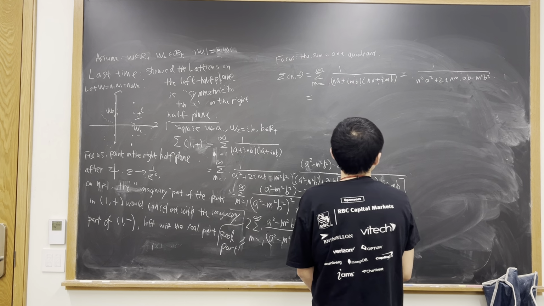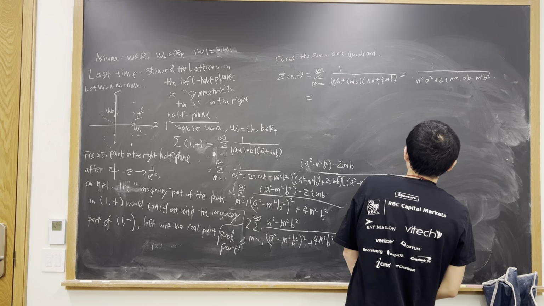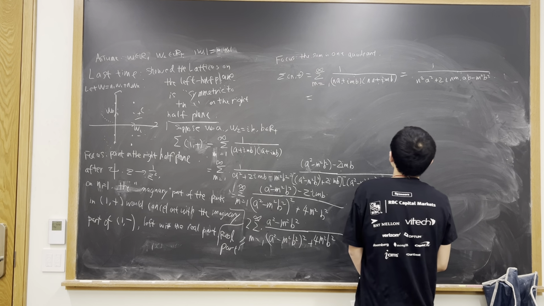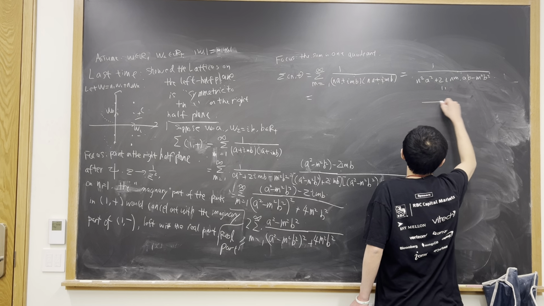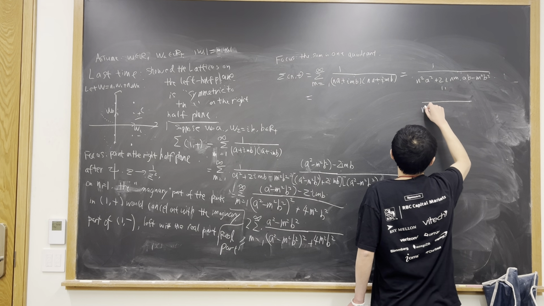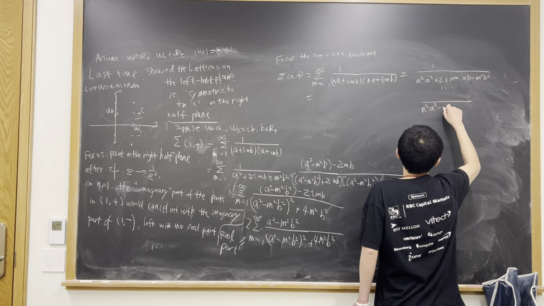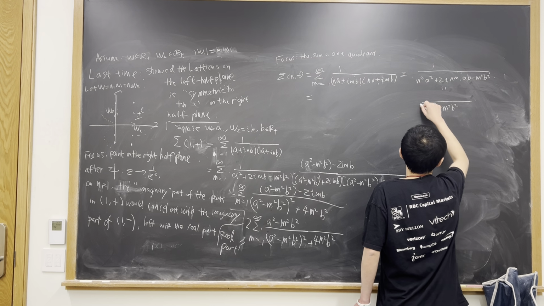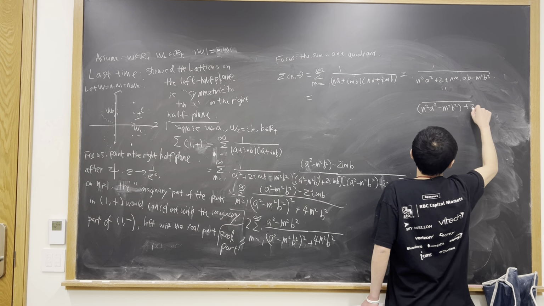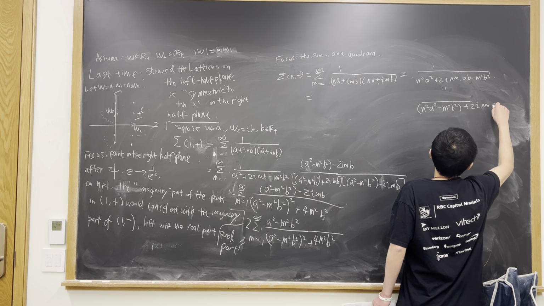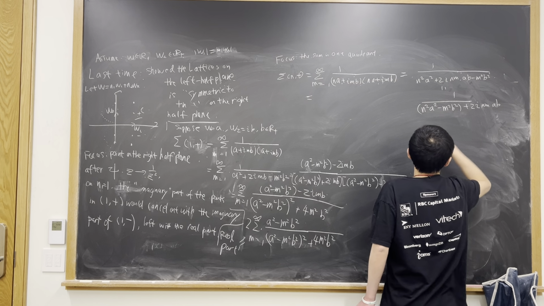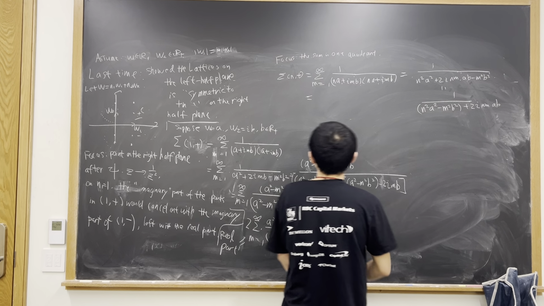Yes. And now let me simplify this again. So this is equal to, let me write it this way: n squared a squared minus m squared b squared, and then plus 2i n m a b. So now I multiply by the conjugate.